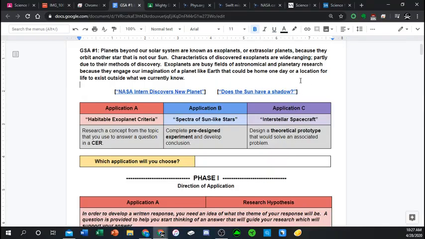Because there's more information for you there. You need to watch that video if you're going to do application B. Gives you some good background information on what a spectra is. And then your research CER is, again, researching habitable criteria for a planet outside Earth. All right, what would a new home for humanity need to look like?